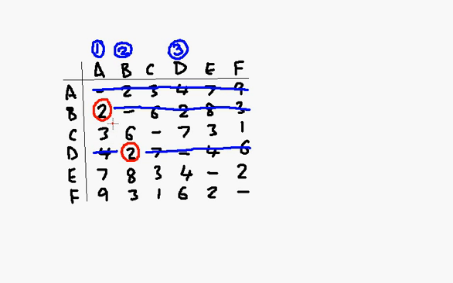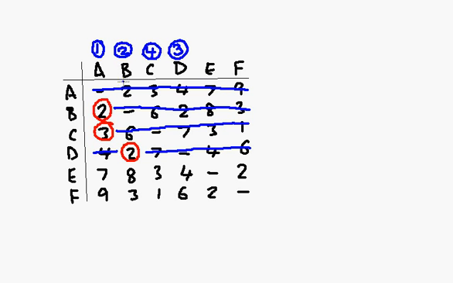So I'm going to go for this one that connects A to C. So I circle the 3 and then delete the rest of the row. And because I've now connected A to C, I must put 4 above C.